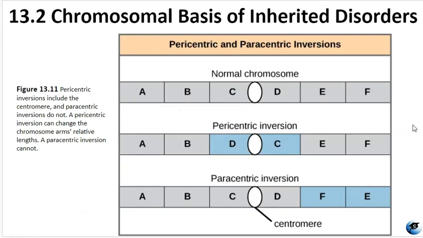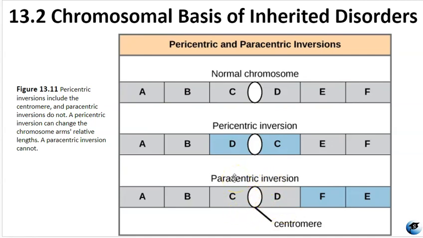Figure 13.11 helps to illustrate pericentric inversion versus paracentric inversion. Pericentric inversion can change the length of the chromosome arms above and below the centromere. And remember that paracentric inversions do not change the length of the chromosome arms because they are not happening around the centromere.